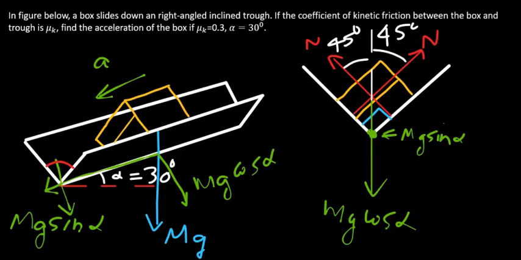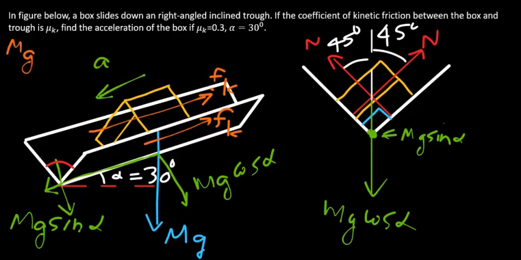Now let's write down Newton's second law. This acceleration is due to a net force that we get by combining that component of the weight with friction that occurs along those surfaces. So let's denote those friction as Fk and Fk. So Newton's second law would look something like this.